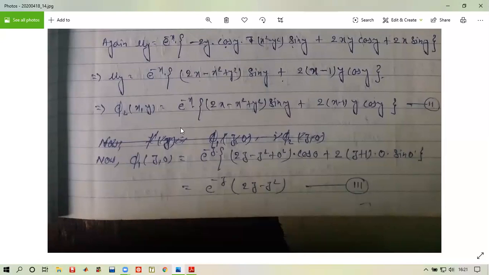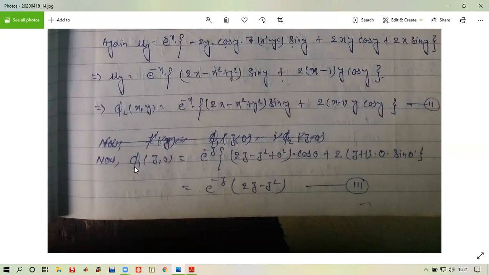Then x plus iy equals x minus iy, the x component will be cancelled out, then twice iy equals 0. That means y equals 0. In this case, the imaginary component will be 0.